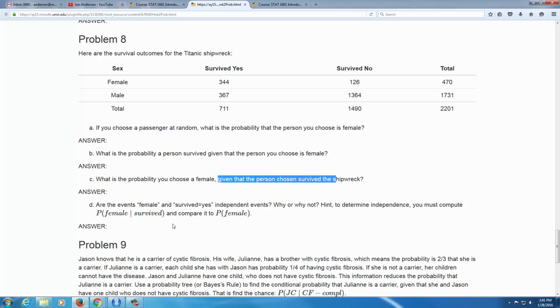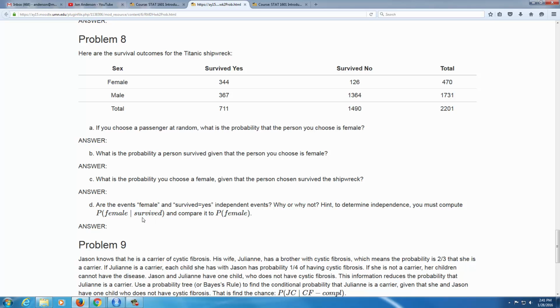In part D, I ask you about independence of the events female and surviving. Remember from the class lecture and notes that in order to check this, you need to calculate the conditional probability of female given survived, and if it matches the probability of choosing a female, then the events are independent. It's pretty intuitive.